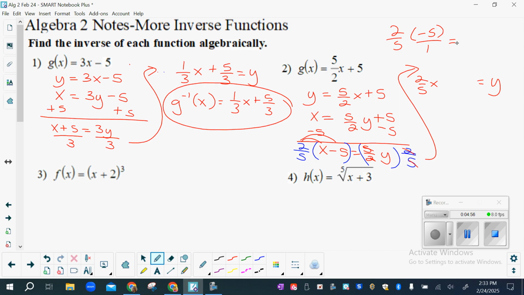So when we multiply straight across, this gives us negative 10 over 5, which equals negative 2, so minus 2. So in inverse notation, that would be g inverse of x equals 2/5 x minus 2.